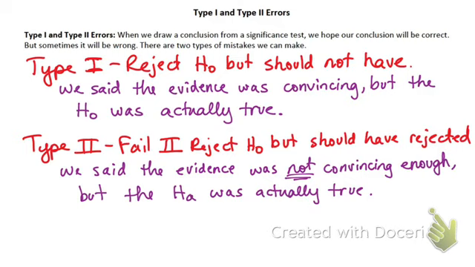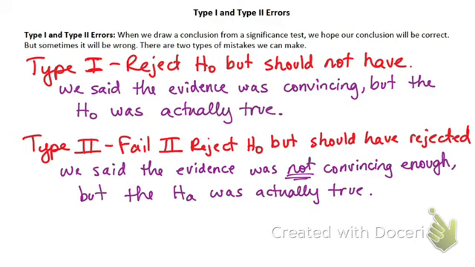What if we fail to reject the null hypothesis? We do not reject it. And the null hypothesis is true. What have we done? You're right. You did a good job. Again, this is when we say that the person is not guilty and they truly are innocent. We just let an innocent person go free.